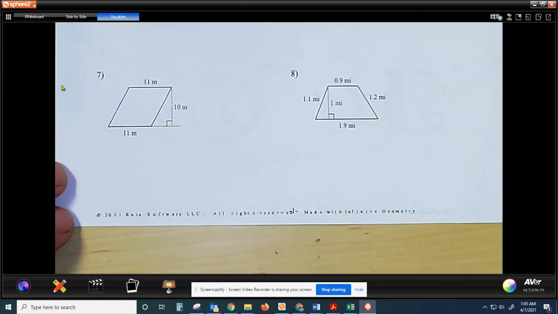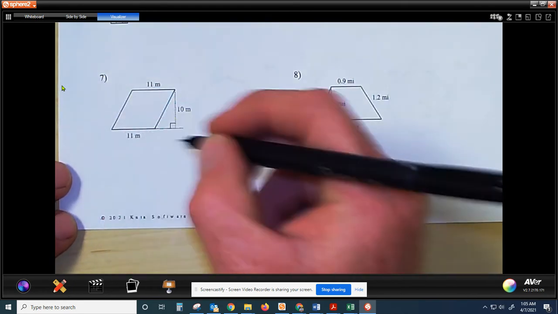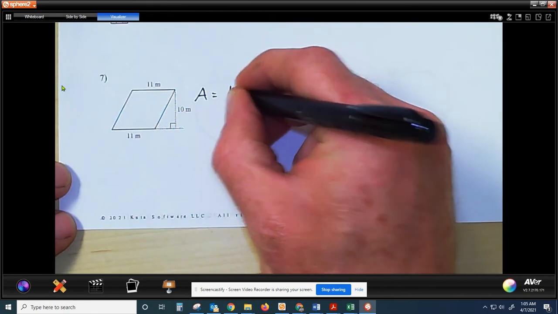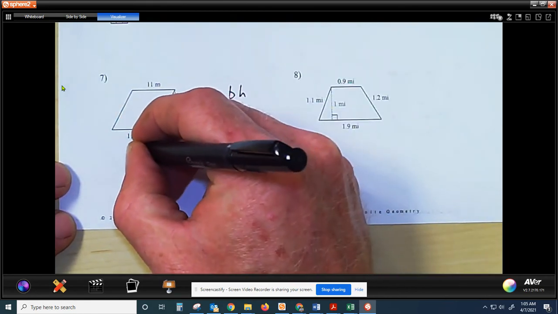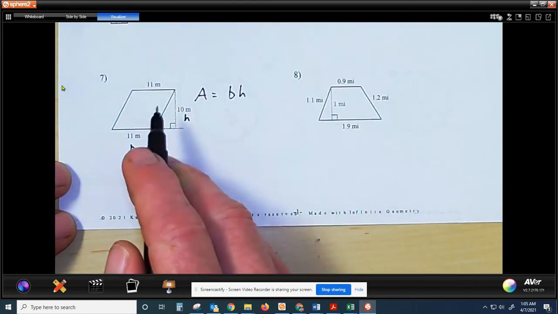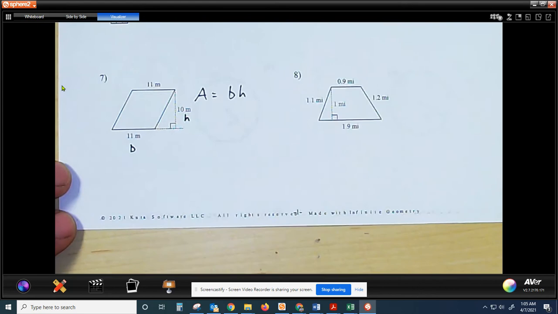That was number 3. Let's go down to number 7, a parallelogram. Sometimes they have more information than I might need, but I've checked my reference card. And the area of a parallelogram is equal to the base times height. Here's my base. Here is my height. And I'm not going to need this other telling of what the side length is.